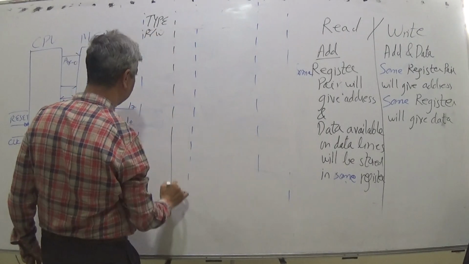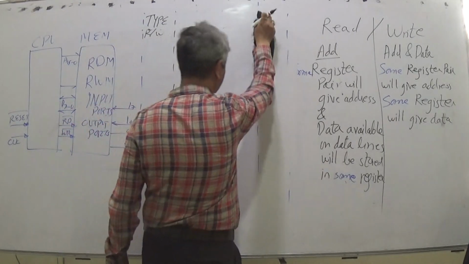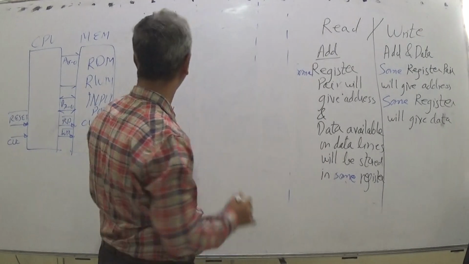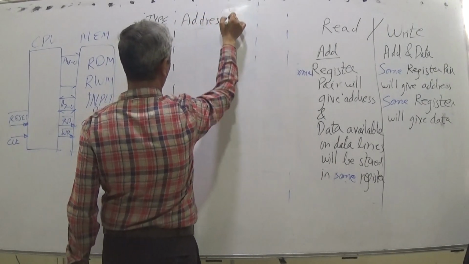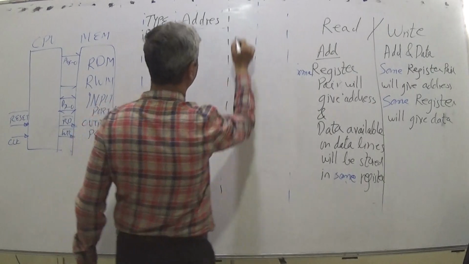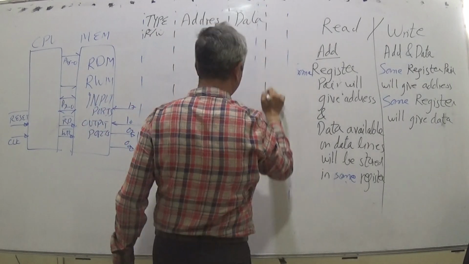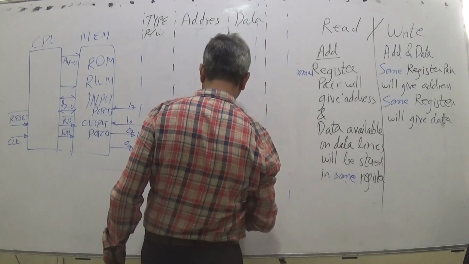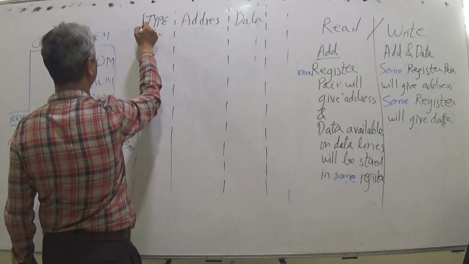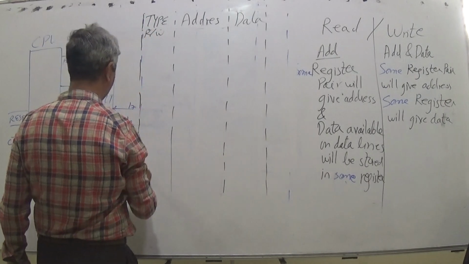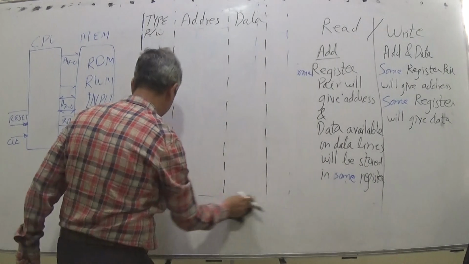Then who gives the address, where it comes from, and the data, either who gives it or where it goes. Type of the cycle, read or write, that's all. Now we proceed.